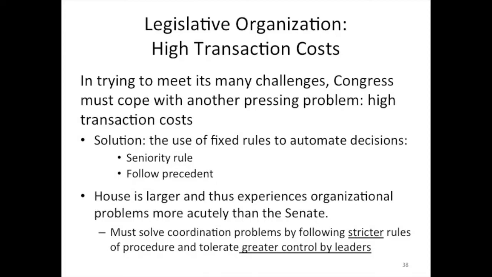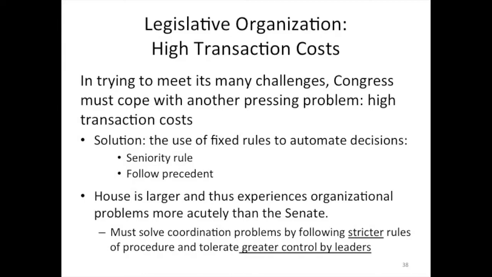Well, the House is much larger than the Senate. And because of that, organizational problems are more acutely felt in the House than in the Senate. So the House solves coordination problems by following stricter rules of procedure, and they tolerate a greater control by leaders, again, in order to solve those collective action problems.